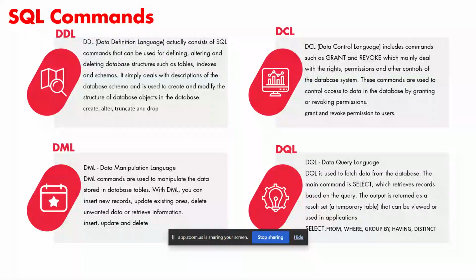Now, at the top right, we have DCL, which stands for Data Control Language. It includes commands such as grant and revoke. They are used to set rights and permissions for users.